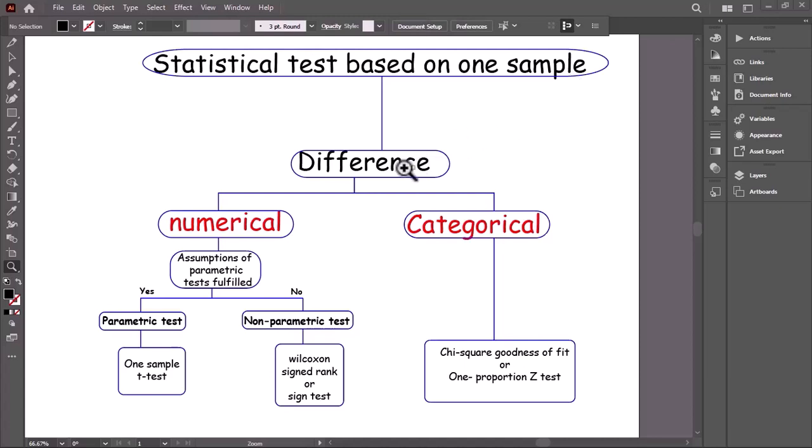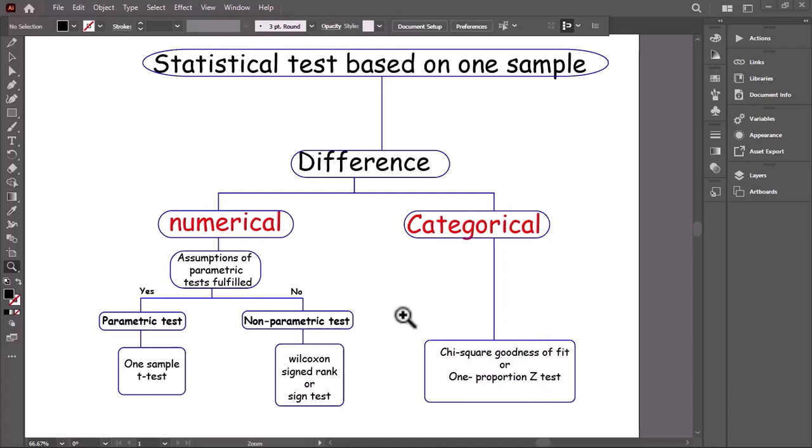If our data is numerical, we still test for the assumptions of parametric tests. If they pass, we use a one sample t-test. Whereas if they don't pass, the alternatives are the Wilcoxon signed rank test or the sign test. If our data is categorical, we use the chi-square goodness of fit or the one proportion Z test.